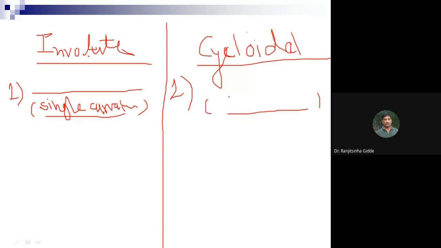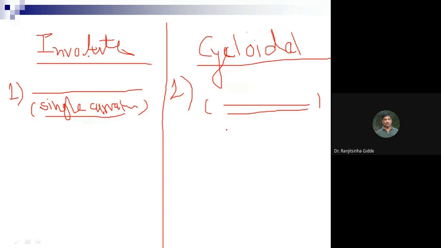Then with respect to this, you can write for the cycloidal gear or cycloidal profile: the profile of cycloidal gear is double curvature. That means that profile has double curvature, which is a combination of epicycloidal and hypocycloidal curves.